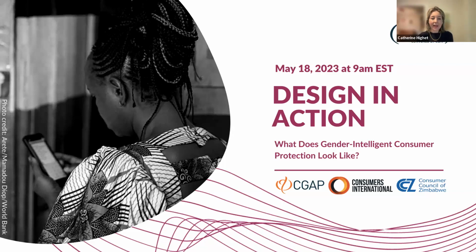And today we're going to be thinking about gender intelligent design in terms of consumer protection. The recent Findex, which I won't go into because I know my colleague Juan Carlos is going to delve into that, noted a big data point around use of financial services and the element of trust in usage, particularly for women.